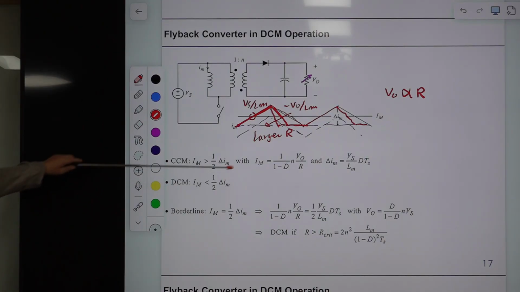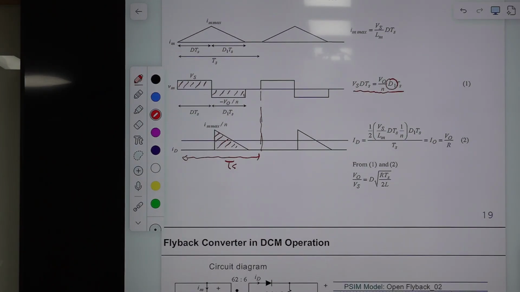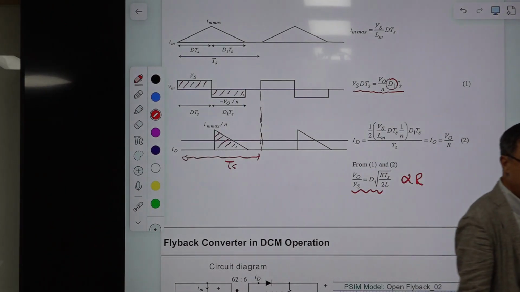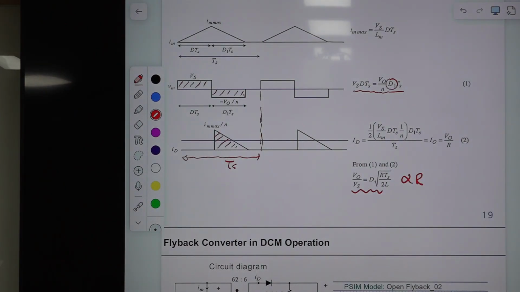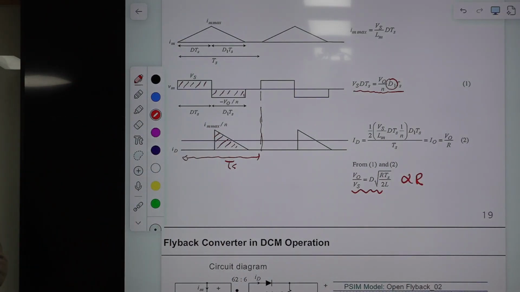So we assumed this, and that assumption is validated here, because this gain is proportional to R. If you increase R, the gain will be increased. So this is the end of the basic steady state analysis of the flyback converter.